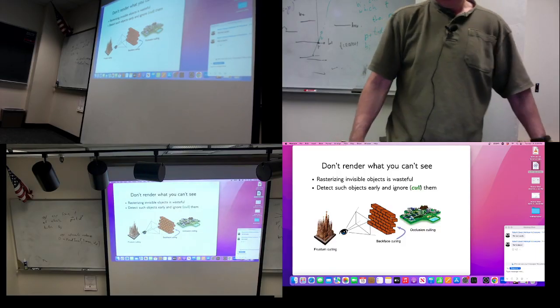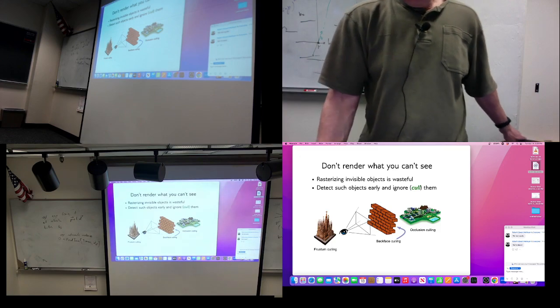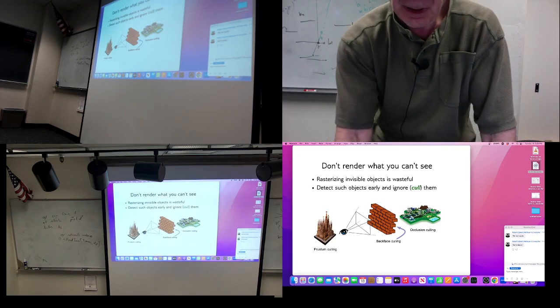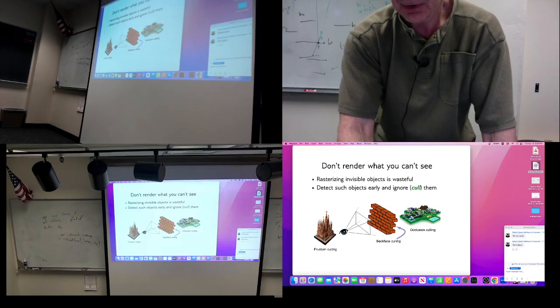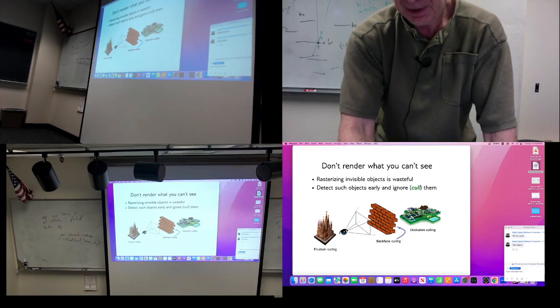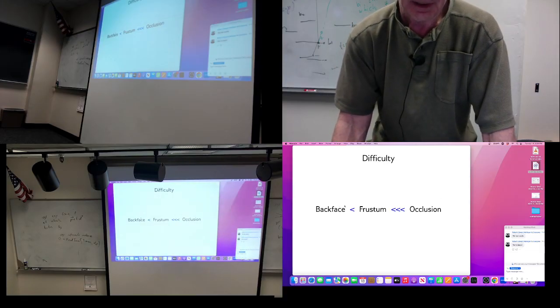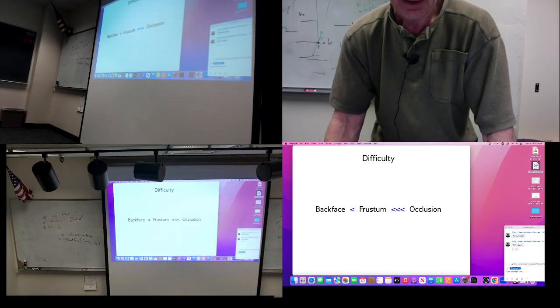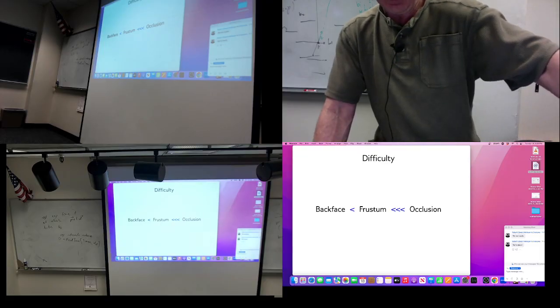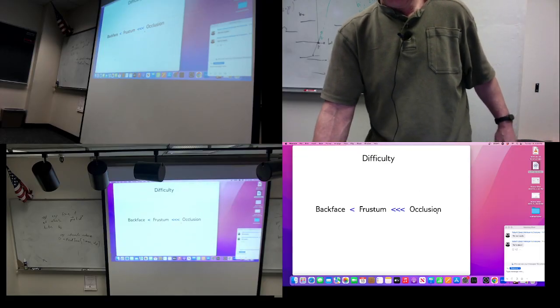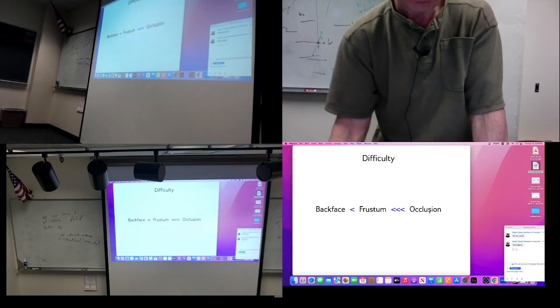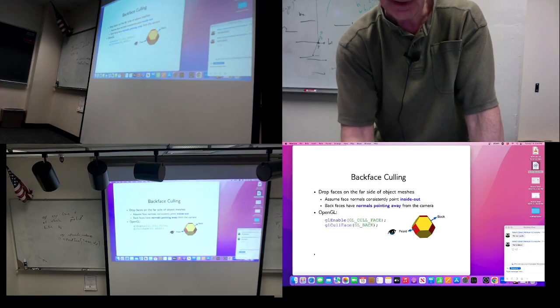Backface culling will help you a bit. Occlusion culling will help you a lot. Things that you don't see, no need to render in detail. And as a rule, backface culling is not nearly as effective as occlusion culling, where frustum culling is somewhere in between.